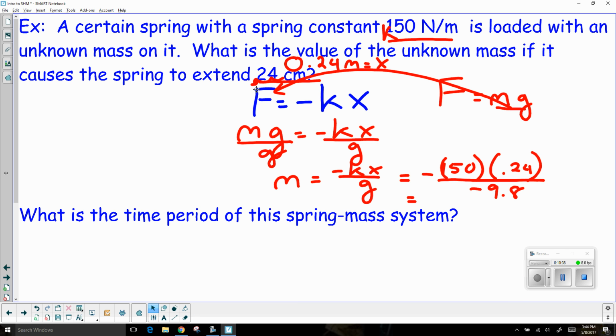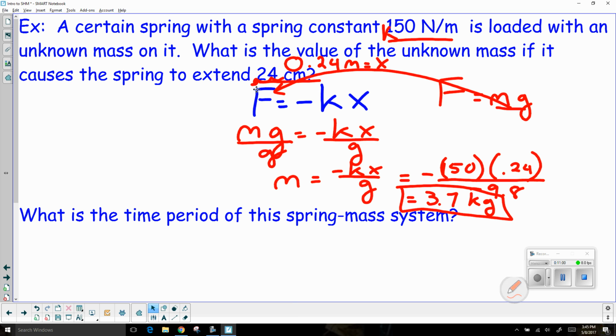And so when I solve all of this, multiplying the 150 times the 0.24, all divided by the 9.8, negatives cancel out, my mass is going to be 3.7 kilograms.